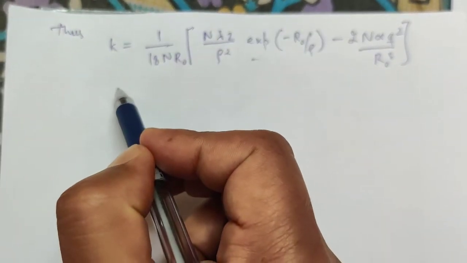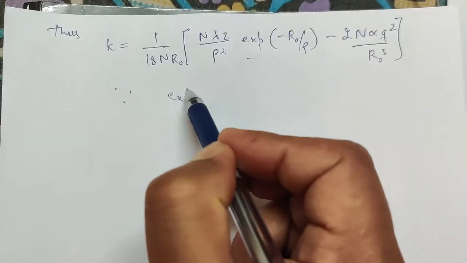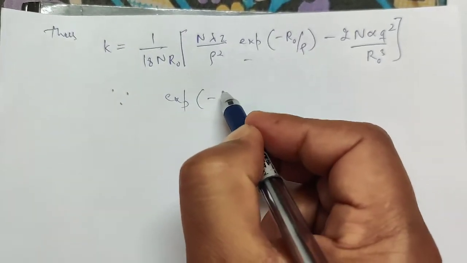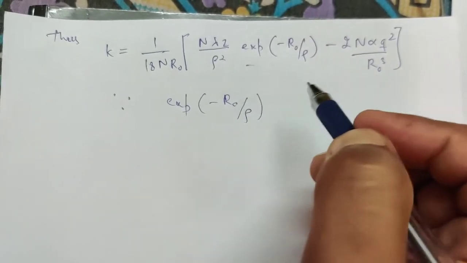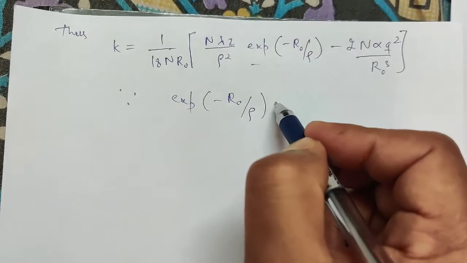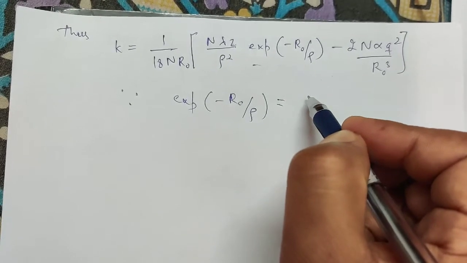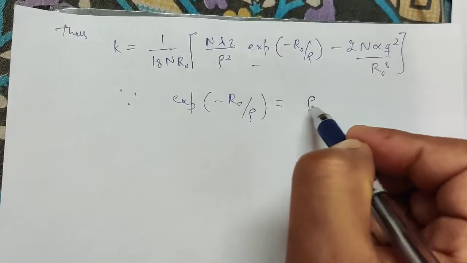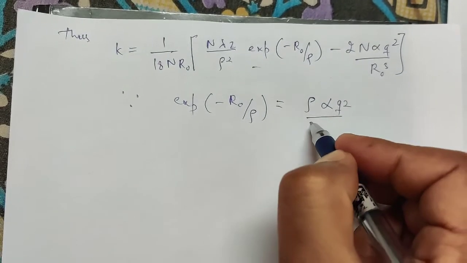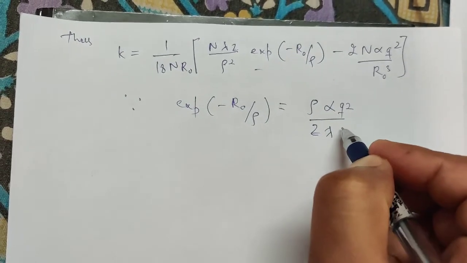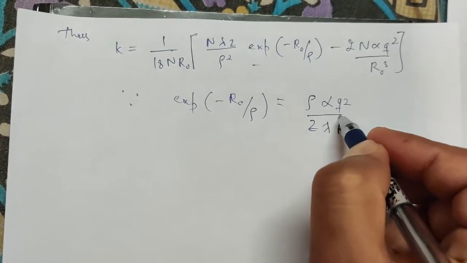We know that exponential minus r naught upon rho is equal to rho alpha q square upon z lambda into r naught.